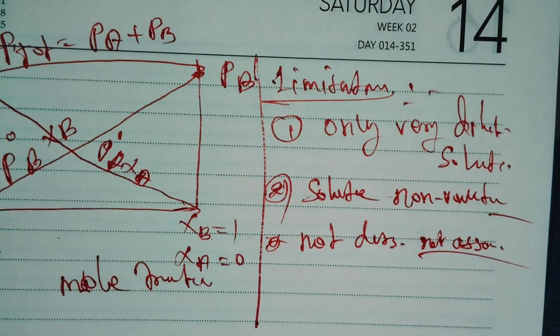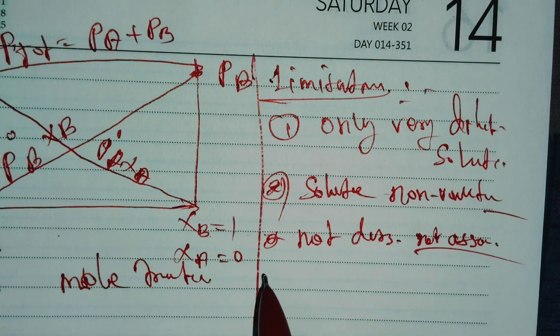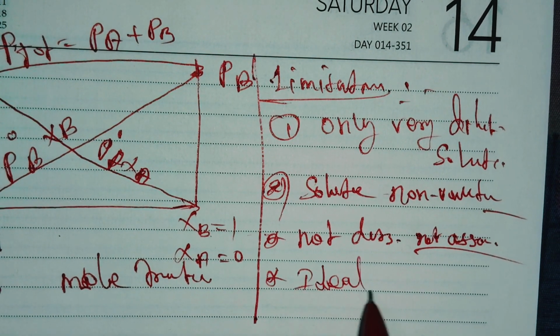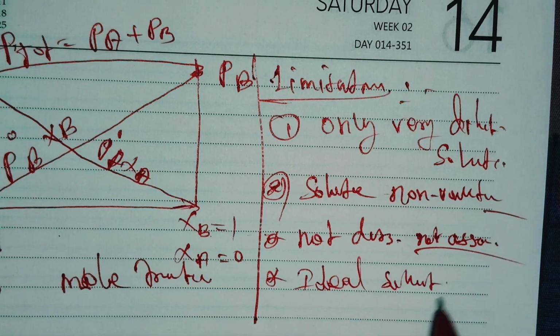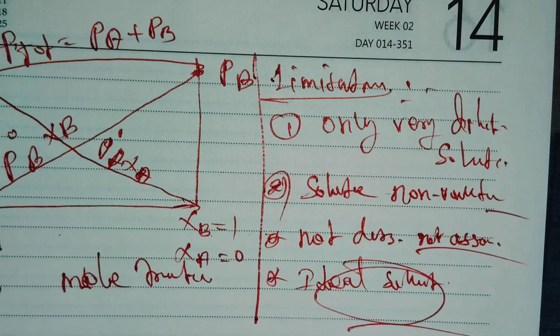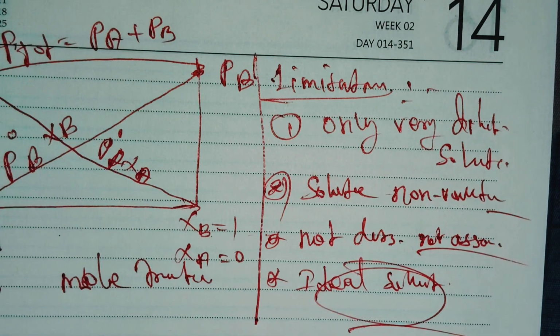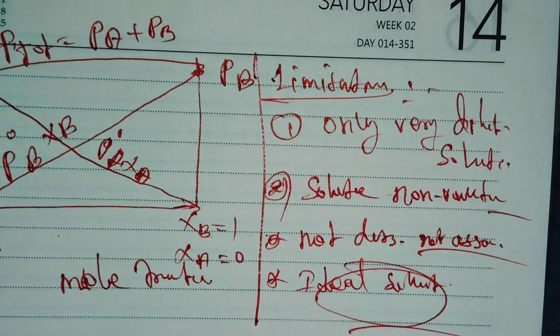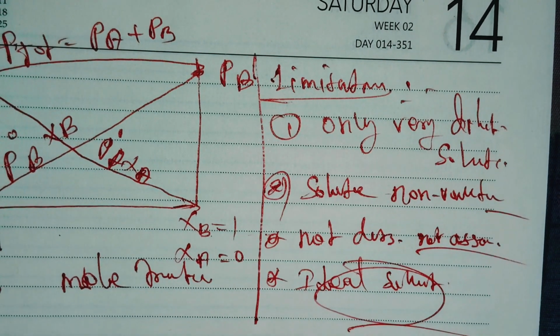And Raoult's law is applicable only for an ideal solution. But practically, we cannot say whether every solution is ideal. An ideal solution is just imaginary. That is the main drawback and limitation of Raoult's law.